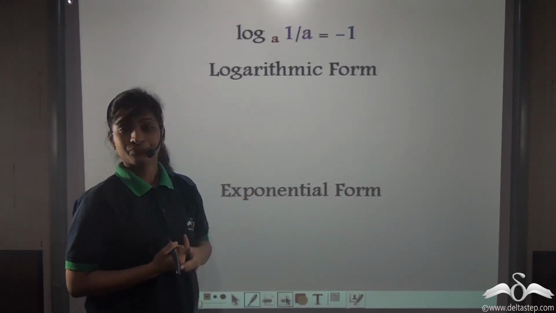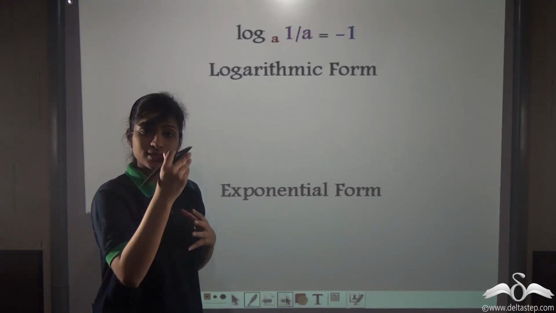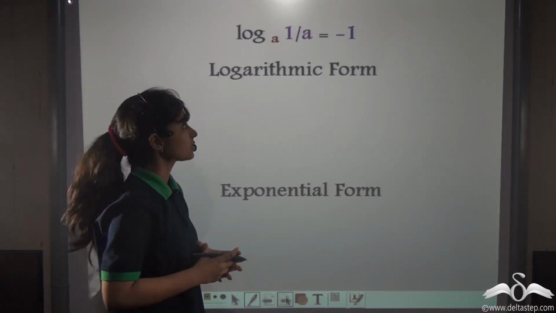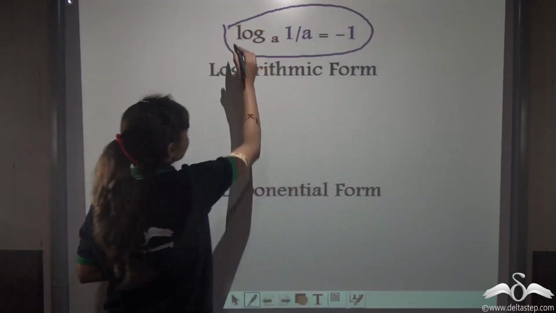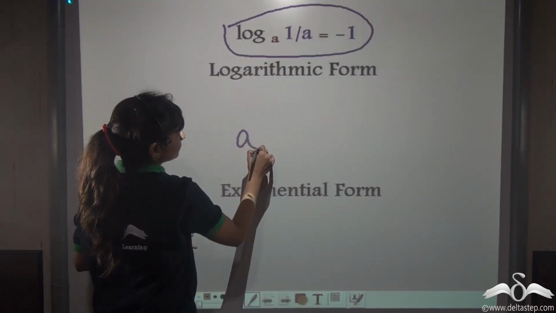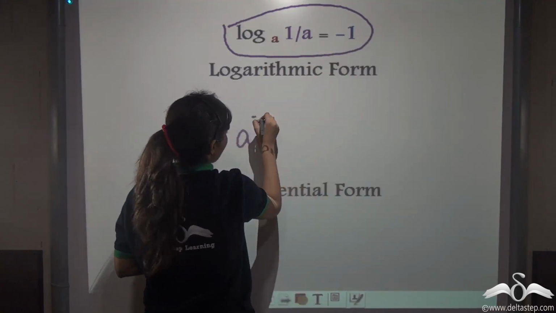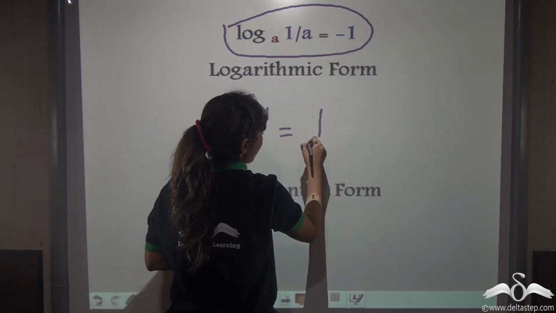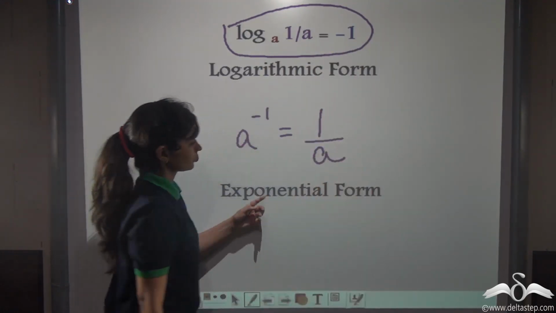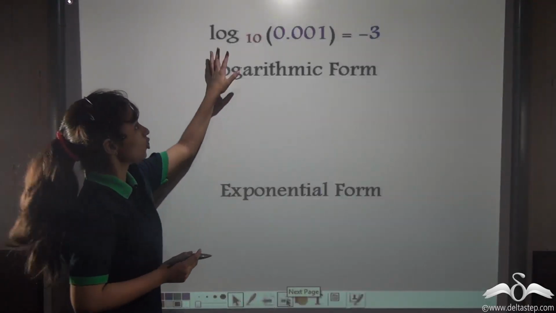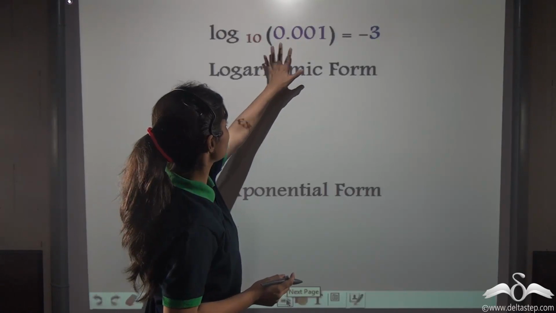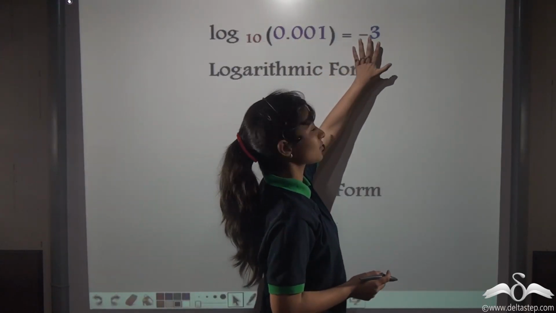Similarly, write this. You know that the base remains the same in both logarithms and exponents. How will you write the exponential form of this? Take the base a, when multiplied with itself minus 1 times, gives you 1 by a. Right? Again, we have log of 0.001 to the base 10 gives you minus 3.